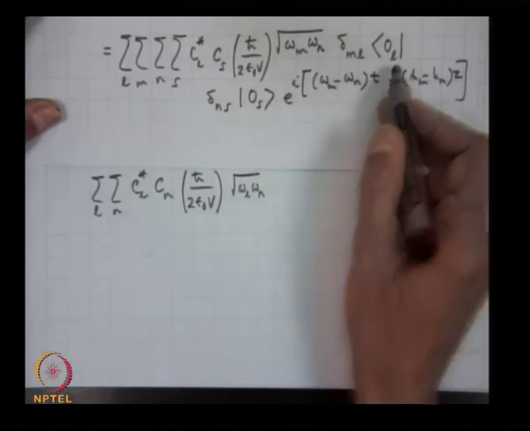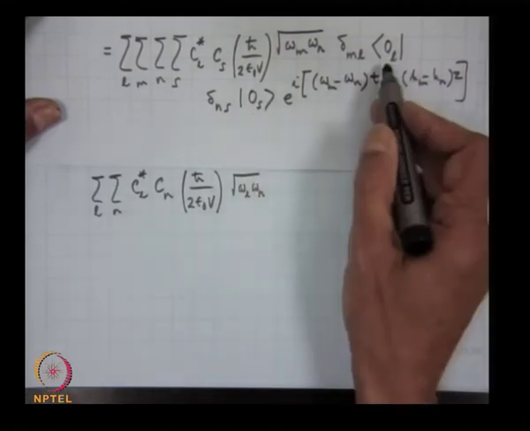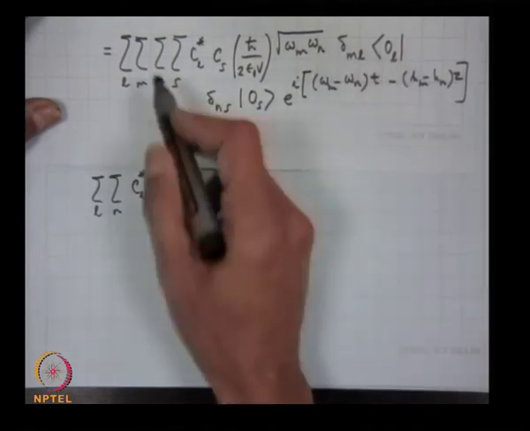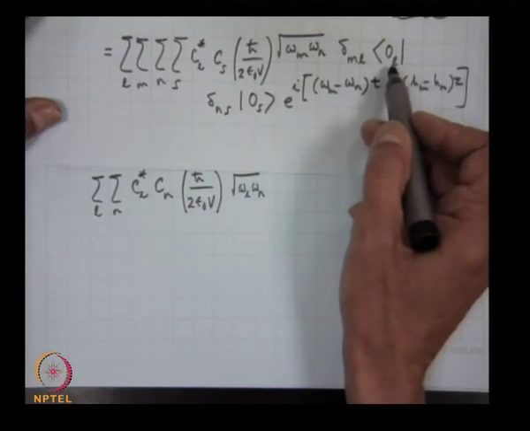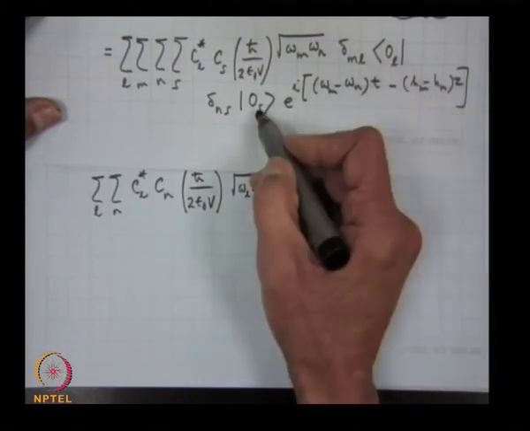Okay, now ⟨0_l|0_s⟩. See, 0_l means what? All are in vacuum state. Because when I write just 1_l, it means that the l-th mode is in single photon state and all other modes are in vacuum state. So this means it's a complete vacuum state. This is a complete vacuum state. So this bracket is 1.